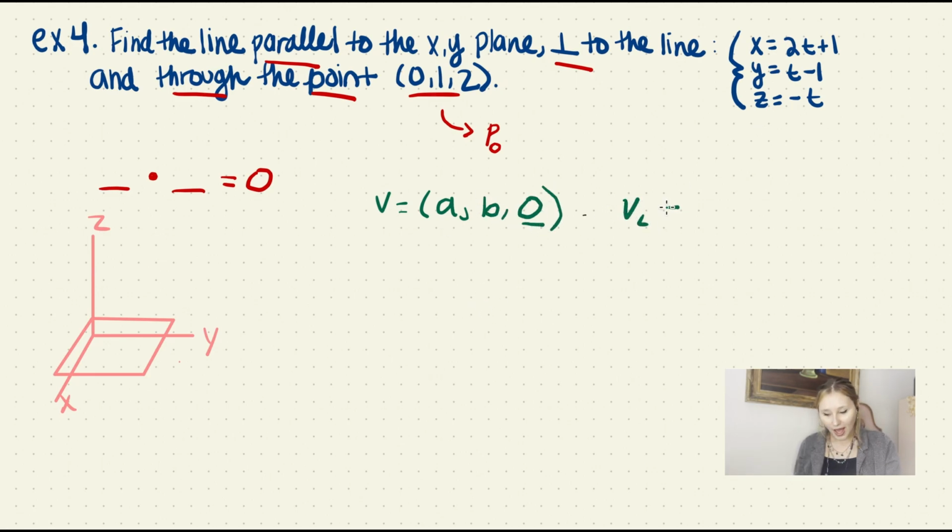And we also have another restriction here, which is the perpendicularity to that line. So the directional vector of this line is 2, 1, minus 1, which we talked about earlier. That's what the parametric equation tells us.